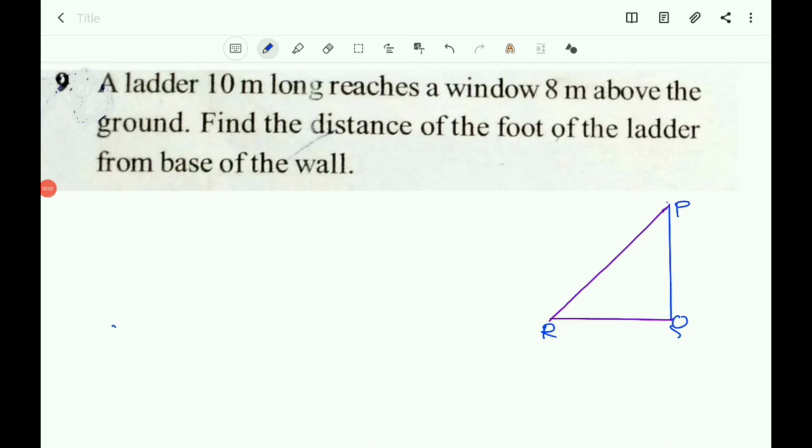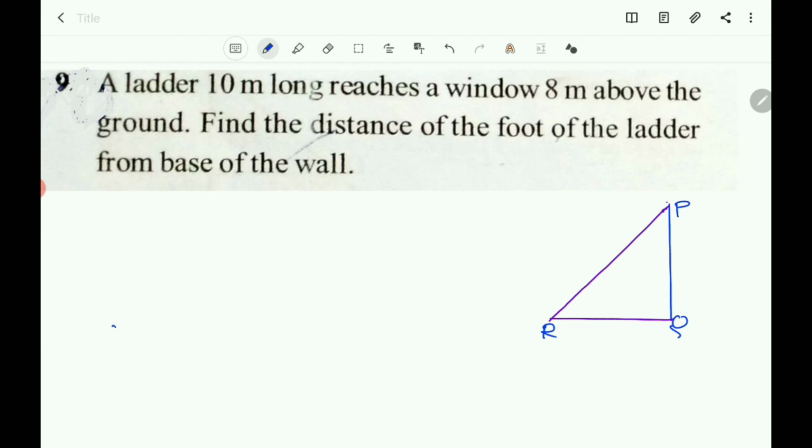Now you take the 9th question. A ladder 10 meter long reaches a window 8 meter above the ground. Find the distance of the foot of the ladder from the base of the wall. Here let us consider the ladder is PR and PQ is a vertical wall, and RQ is the distance between the foot of the ladder and the wall.